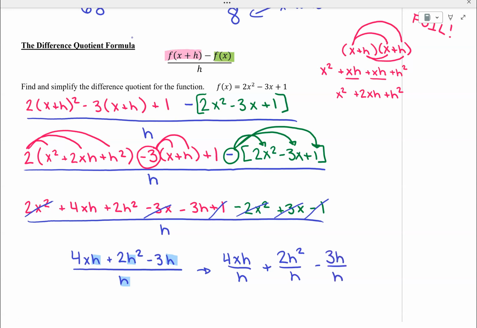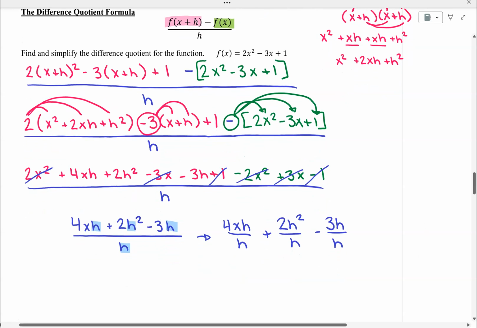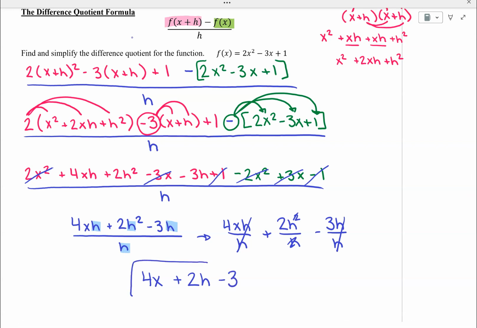Because I want you to visually see these cancel. So these h's cancel, which leaves us with 4x. There's 2 on top, so I'm going to cancel out that with that. See if I do it. There it goes. Plus 2h. And then the h's here cancel, so minus 3. So therefore, this will be your answer.